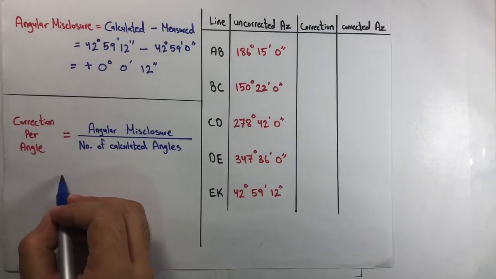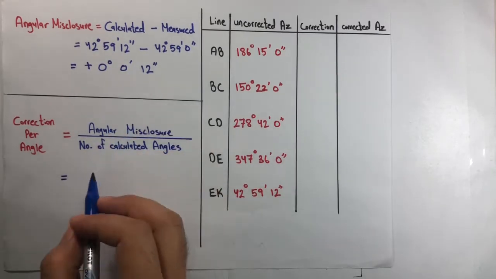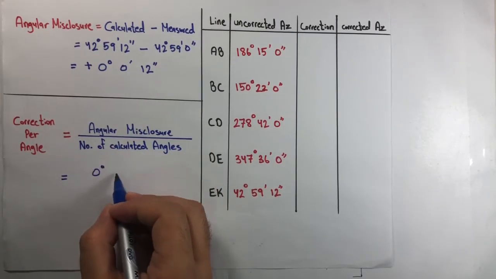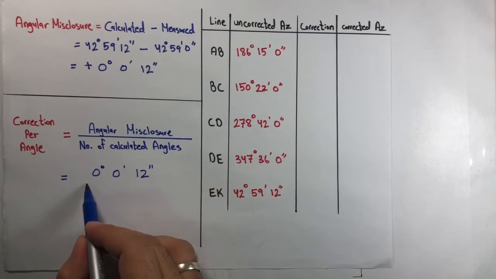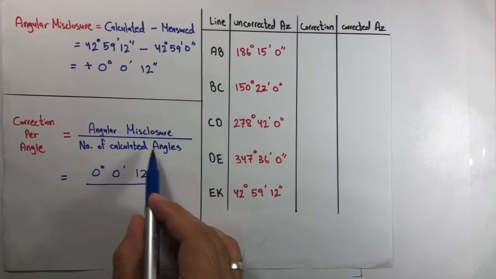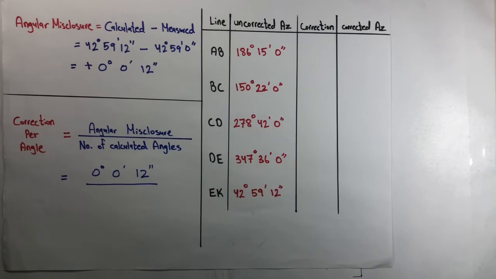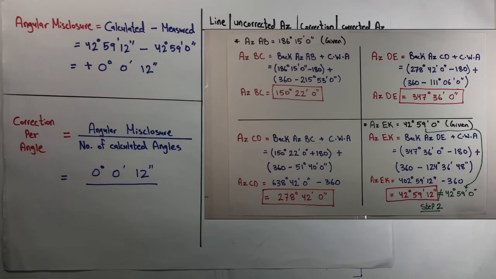So the correction per angle is the angular misclosure, which is 0 degrees, 0 minutes, 12 seconds, divided by the number of calculated angles, as shown in the last page. We have calculated 4 angles in the last step.